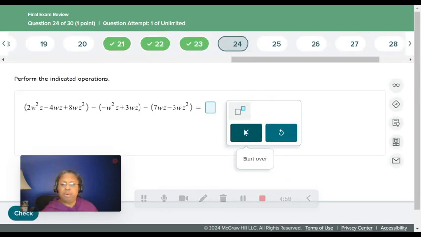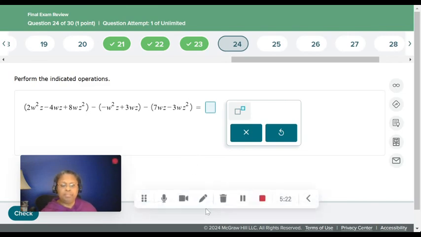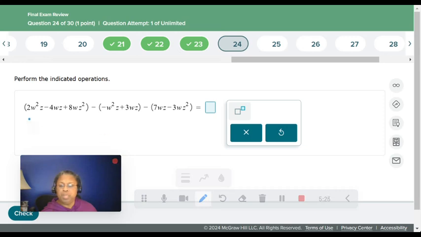Problem number 24. Now, there are two different ways that you could go about solving this particular problem. As I've said in class before, for me, it's easier to solve them vertically. So I'm going to do both ways. First of all, you would group your like terms together.